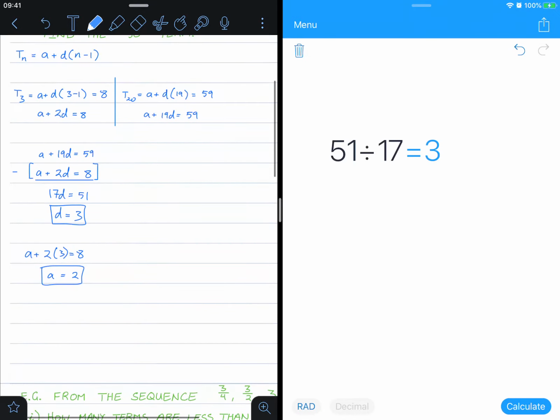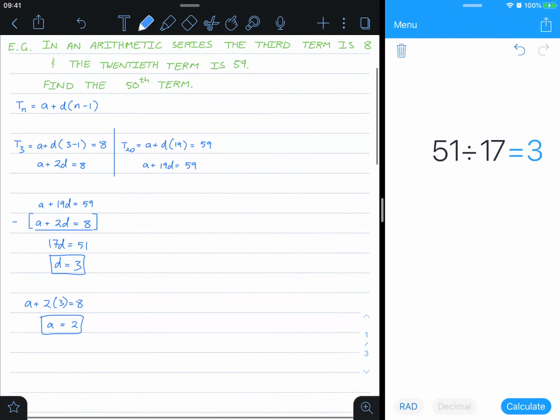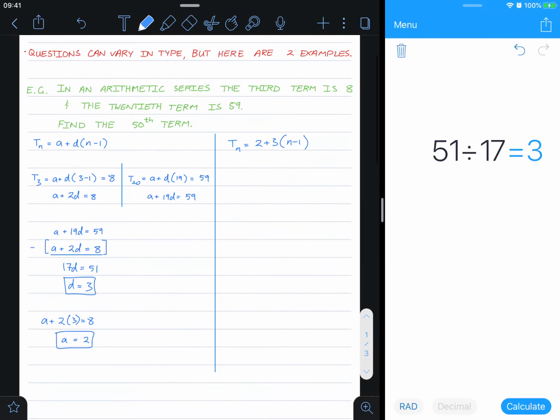So we now have an expression for the nth term. So Tn is equal to 2 plus 3(n minus 1). I'm just reading from here and substituting both into the Tn formula.